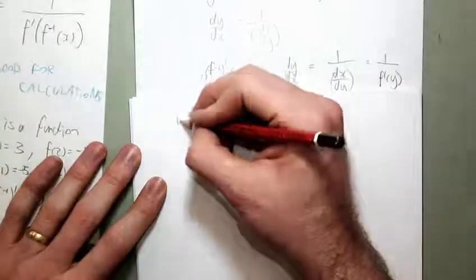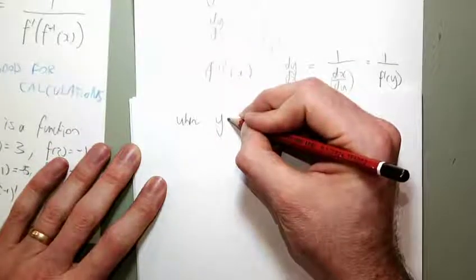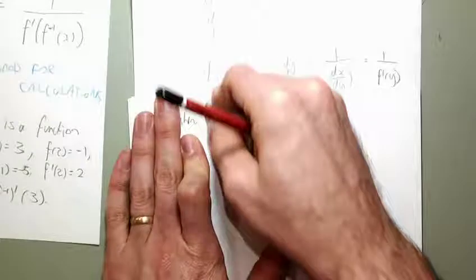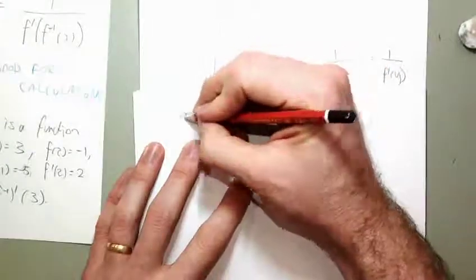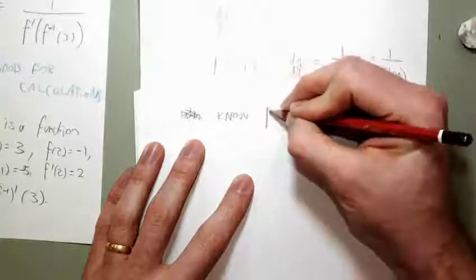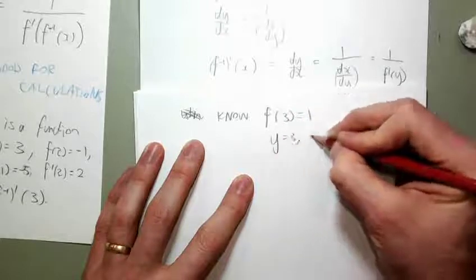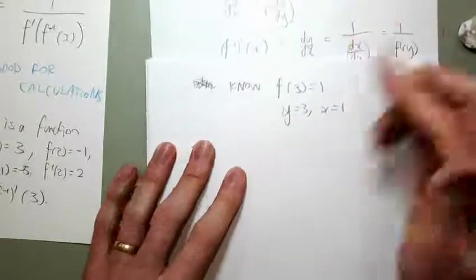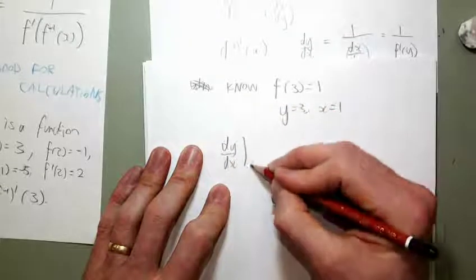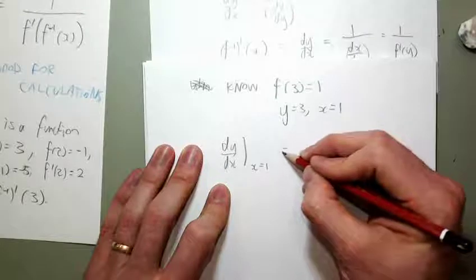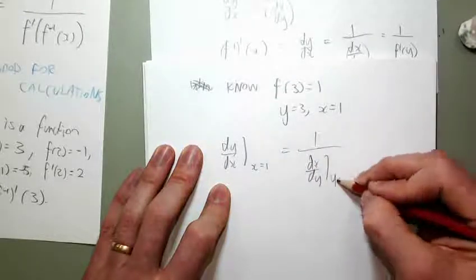So we know that f of 3 is 1, which means that when y is 3, x is 1. So we have that dy on dx when x is 1 is the same as 1 over dx on dy when y is 3.